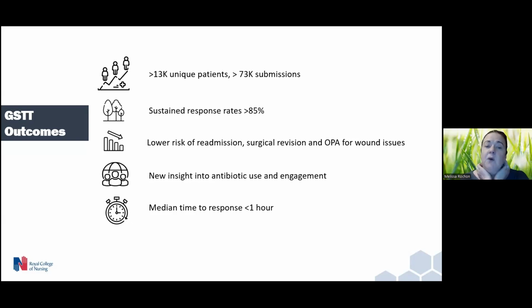And patients have a lower risk of readmission, surgical revision, or outpatient attendances when we use this. Our patients are responded to in under an hour, which I really think helps drive those response rates, because patients know that there's a human who's answering the text messages. They're not that keen to engage with algorithms. The response rates are much lower in those cases.